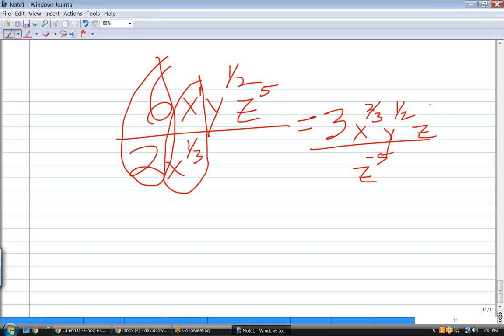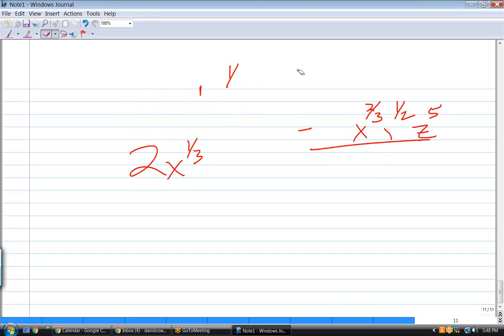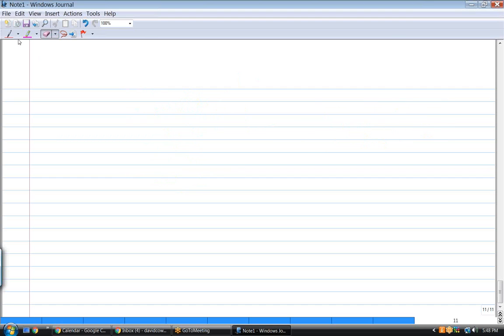It's a similar thing as leaving an irrational number in the denominator. If I had this, I would never turn that in as an answer.